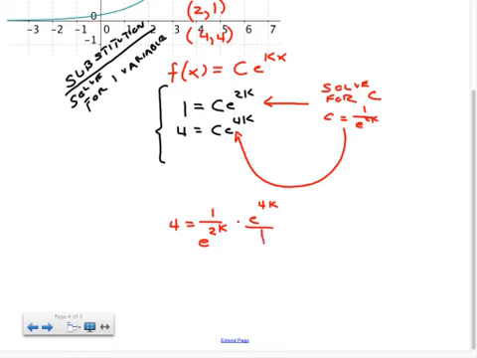That's e to the 4k over 1 if I like. I can multiply these two fractions together and get e to the 4k over e to the 2k, equal to 4. By my properties of exponents, when I have the same base and I divide, I subtract the exponents. So that becomes e to the 2k. And there I go. Now I'm ready to solve for k, and I can go back and solve for c.